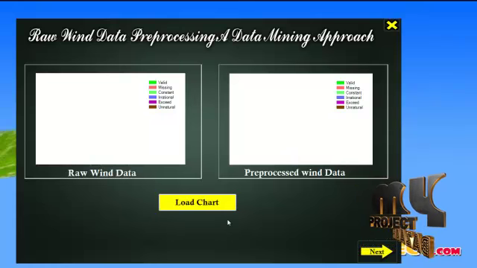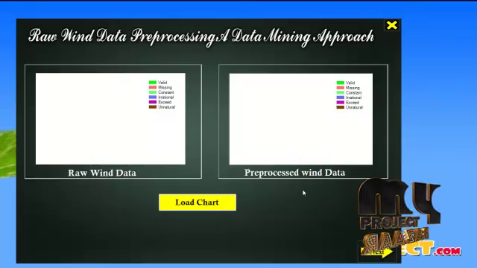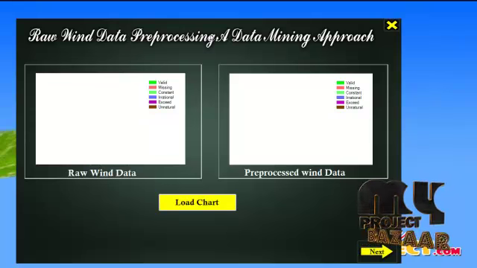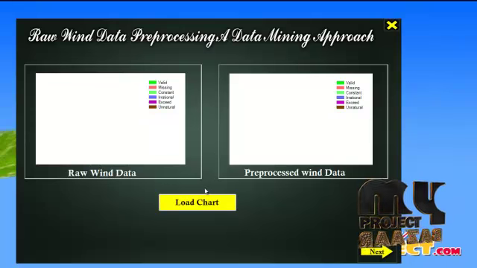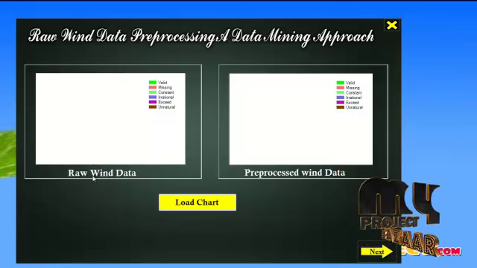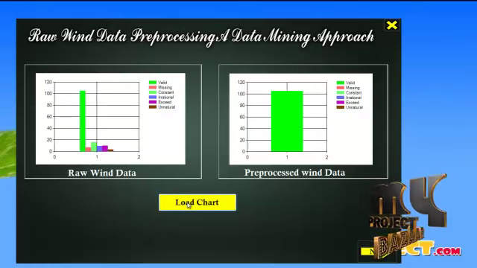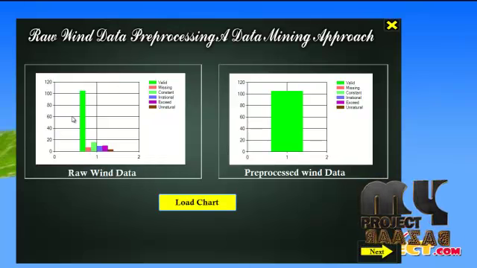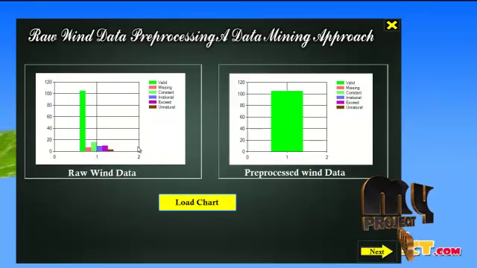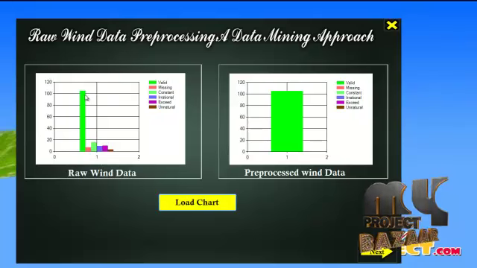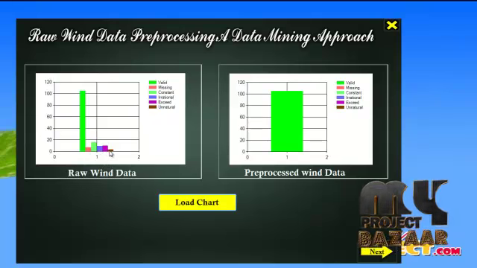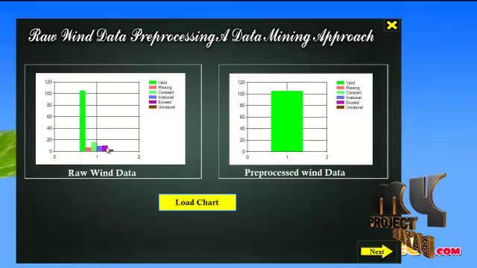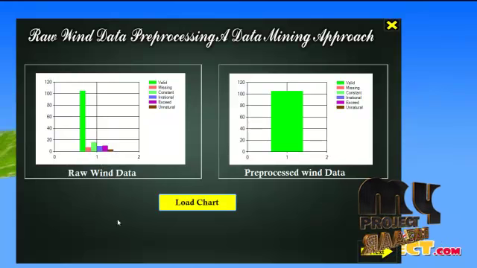This is our comparison chart for loading raw wind data and proposed wind data. So the raw wind data has been loaded. This is our raw wind data set. In the raw wind data, this is the valid data, this is our missing data, and this is our constant data values, and the additional data, and the exceeding and unnatural data.